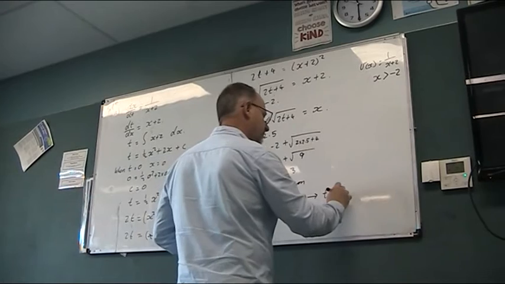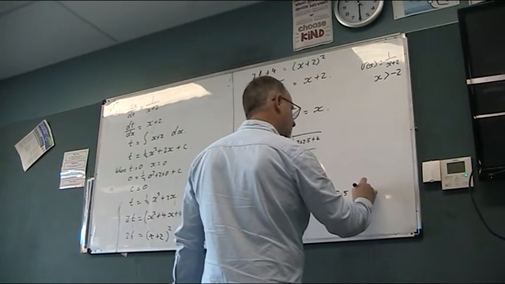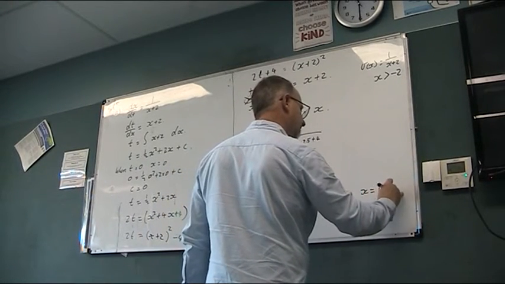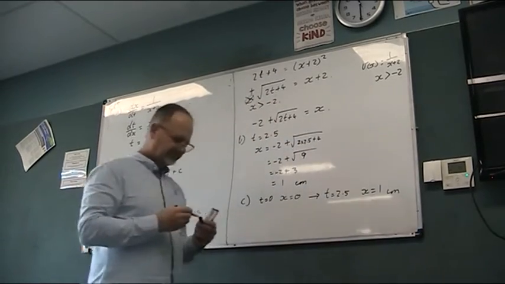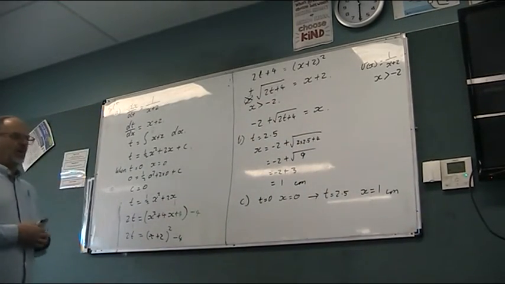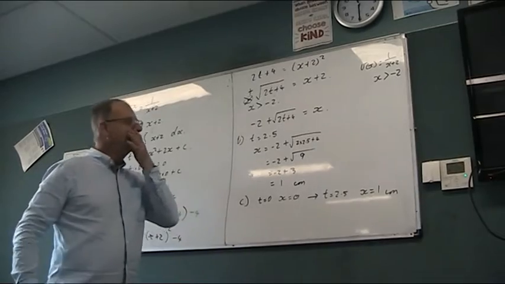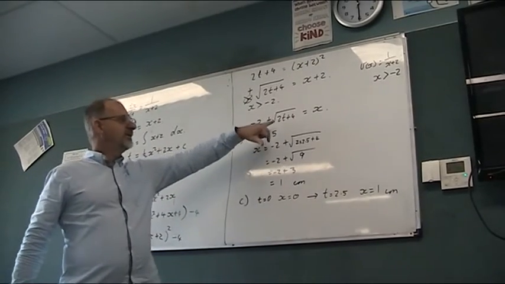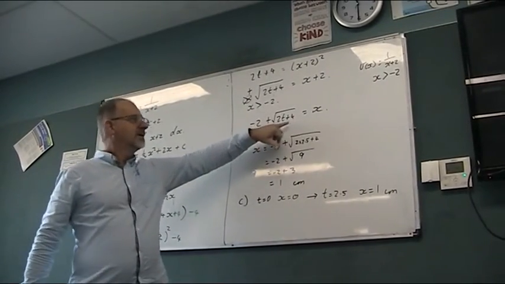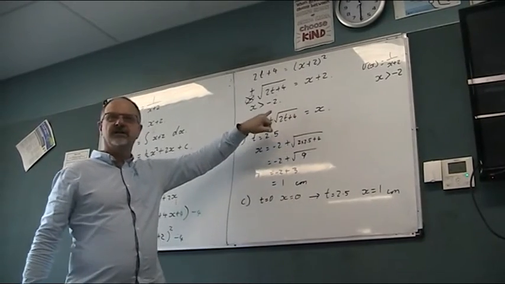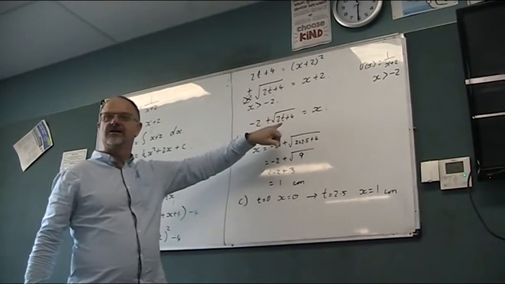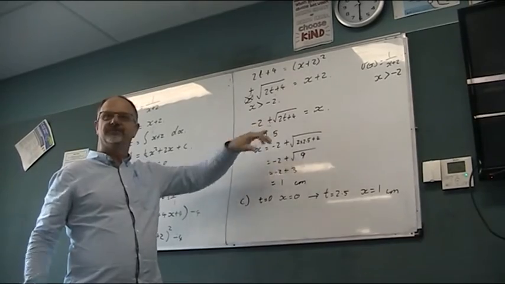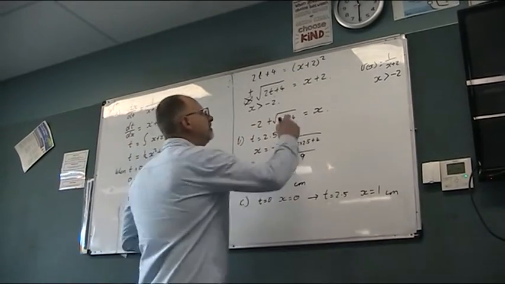And at t equals 2.5, it's at x equals 1. Our function with the t in it is what sort of function is this? Square root. Yeah, it's a square root function.